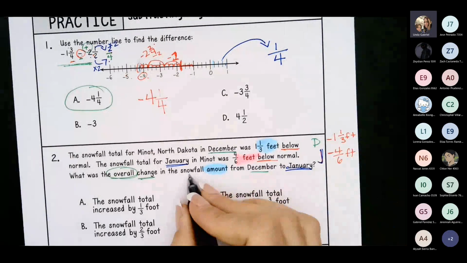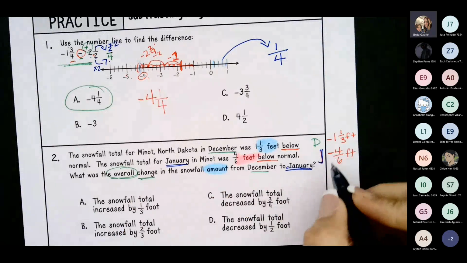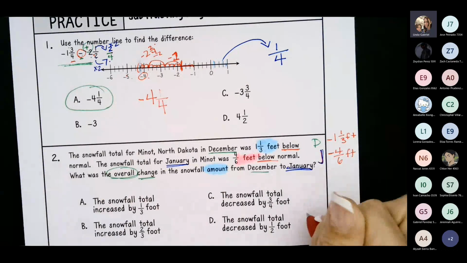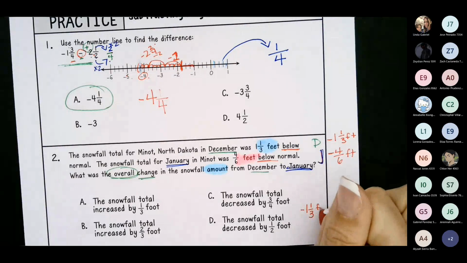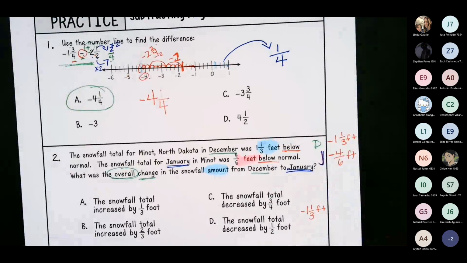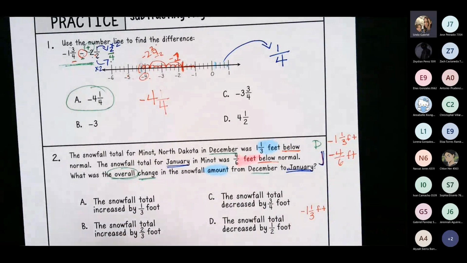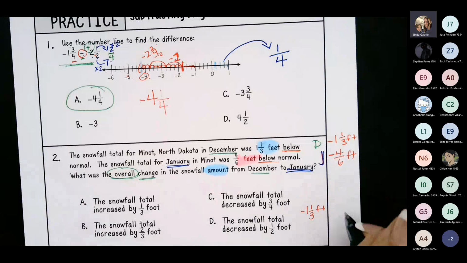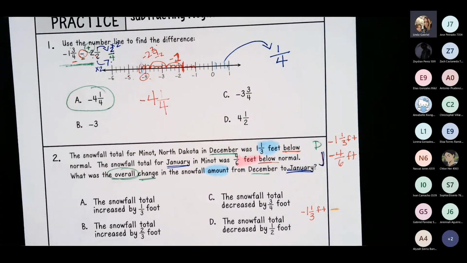I know that I need to figure out what the change was from December to January. So if I had -1 1/3 feet of snow, and I need to find the overall change or the overall difference, I'm going to subtract my 4/6 of a foot. That was negative, right?